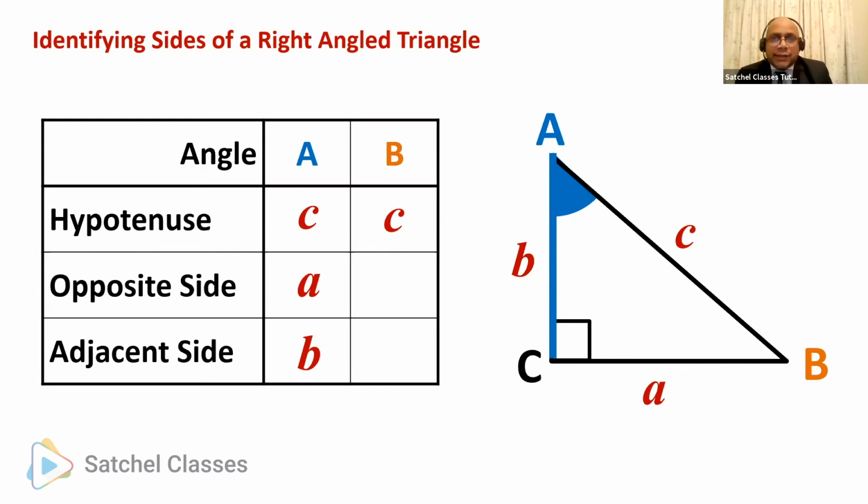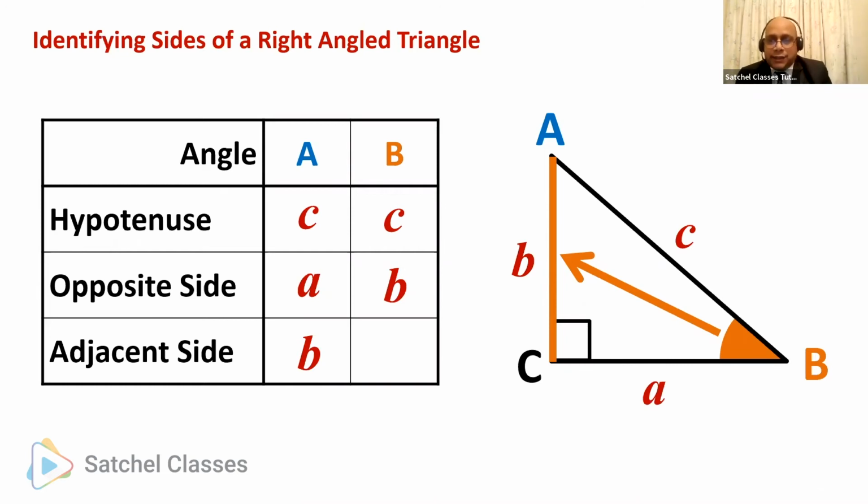Now you'll realize that the minute I change that to angle B, with our reference being angle B, the opposite side will change because now with respect to angle B, the side opposite to that is AC, which is represented by small letter b. And the side adjacent to angle B is the side which is neither opposite nor the hypotenuse.